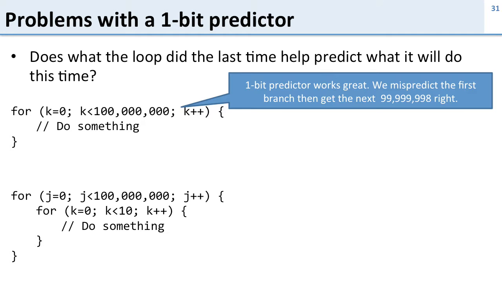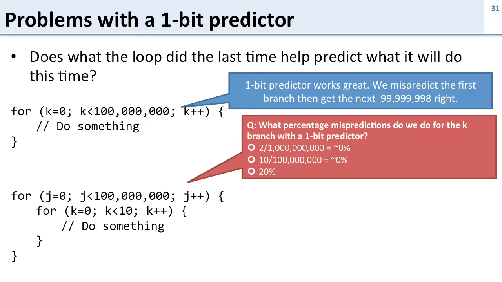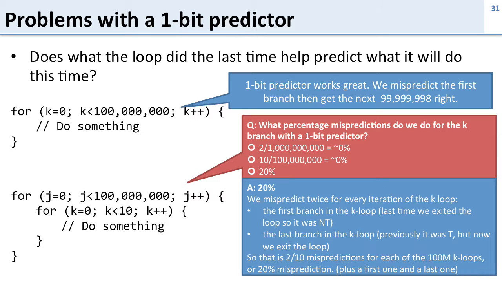How accurate is it here? What percentage of mispredictions do we get for the k branch with a 1-bit predictor? Well, the answer here is 20%. So we're going to mispredict twice for every iteration of the loop. The first time we go around the k loop, we're going to mispredict because the last time we went around, we exited the k loop, so we're going to predict it's not taken.